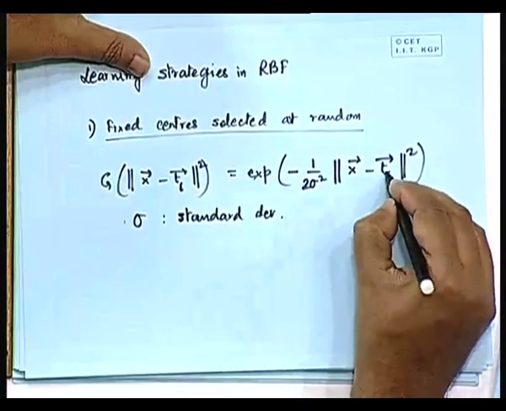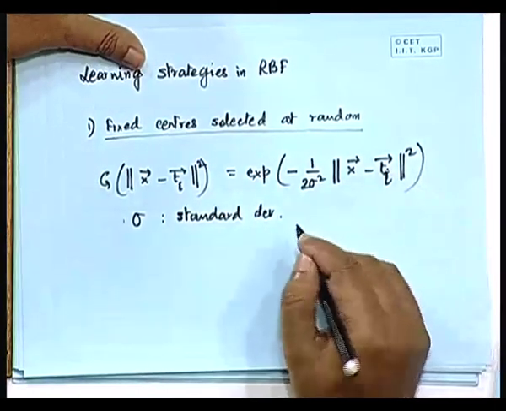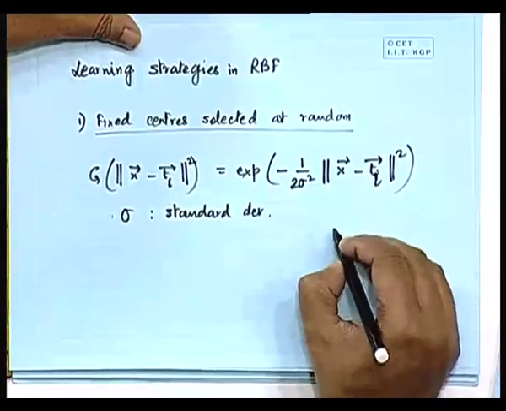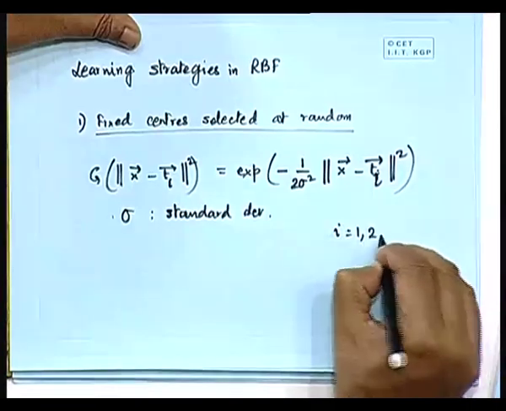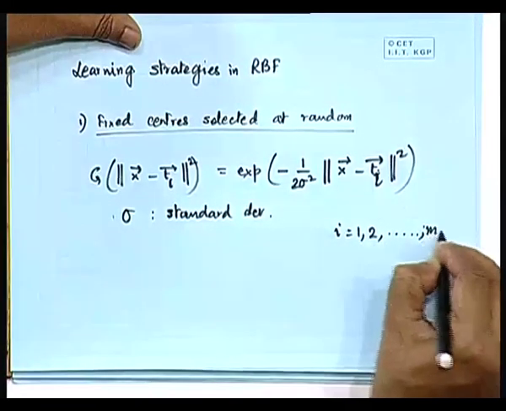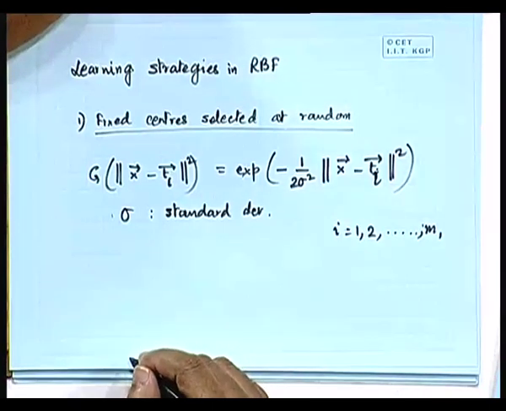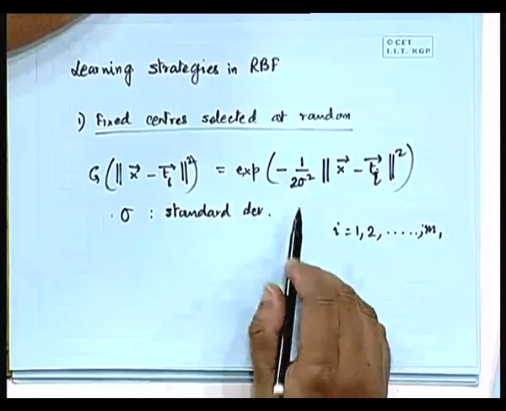And how many such ti are we choosing? Let us say that we are choosing M1 such centers. So, we choose i equal to 1, 2 up to M1. What we have to do is determine the standard deviation.